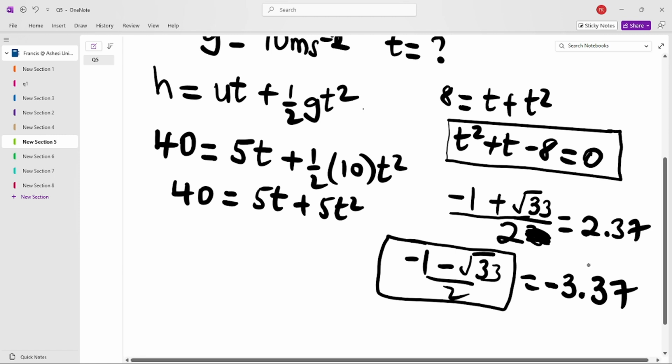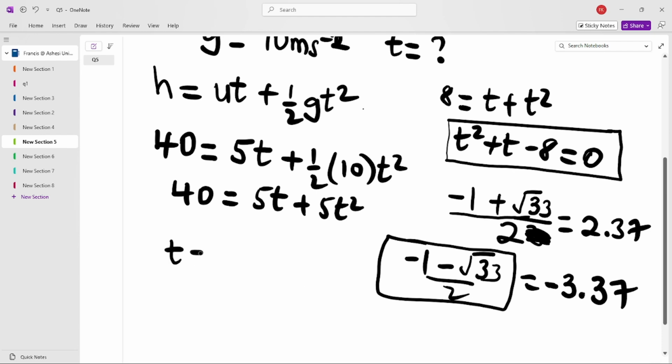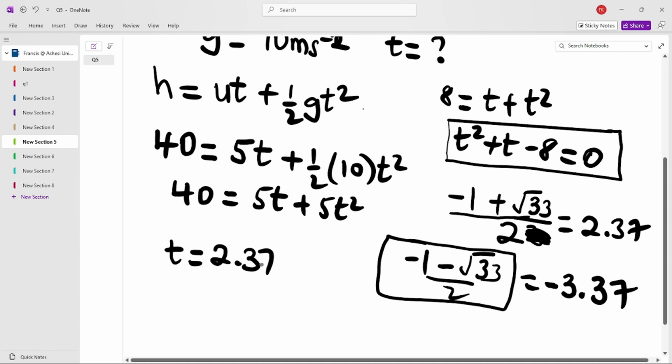So which of them are we taking? We are taking the positive one. Right now in your scope at the WASI level, we don't take the negative value for time. So 2.37 seconds.